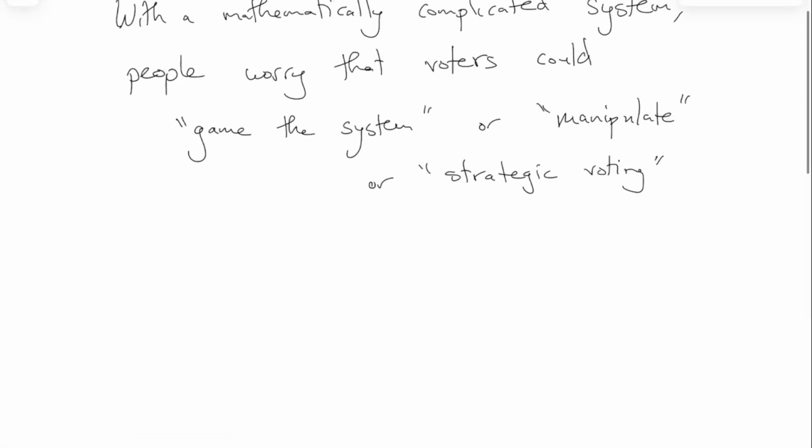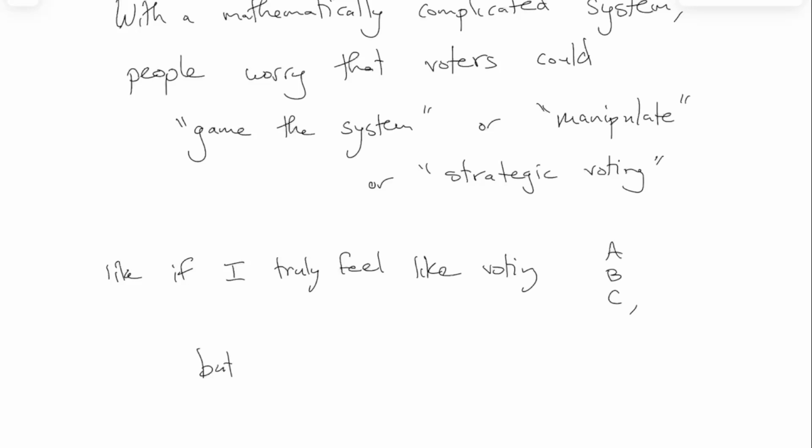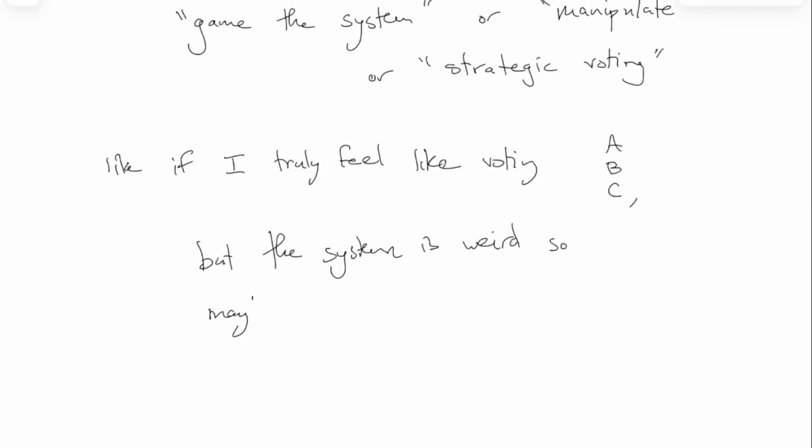So for example, if I truly feel like voting ABC, but the system is weird, maybe I should vote in a different way, like maybe I should vote BAC instead.